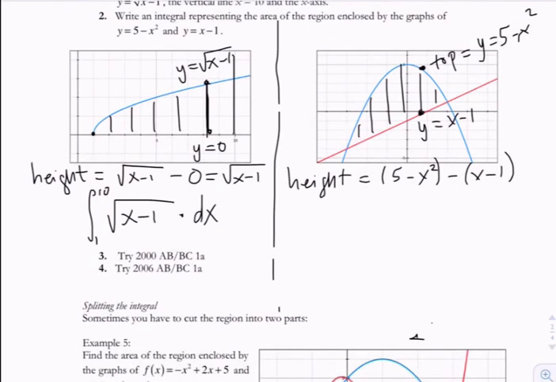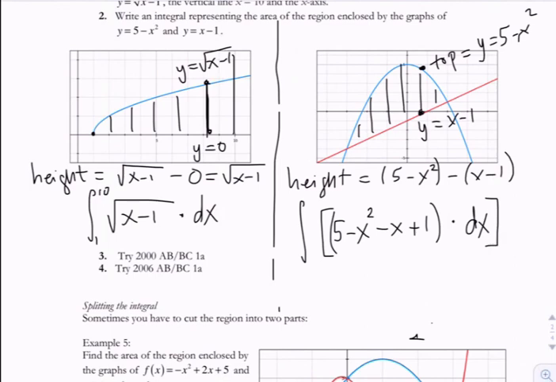So my area will be the integral of the height times the width, dx again. And I'm going to add up all those areas from x equals whatever to x equals whatever.